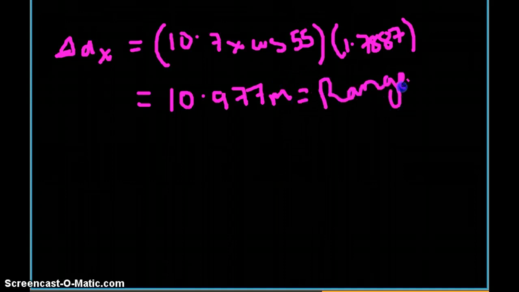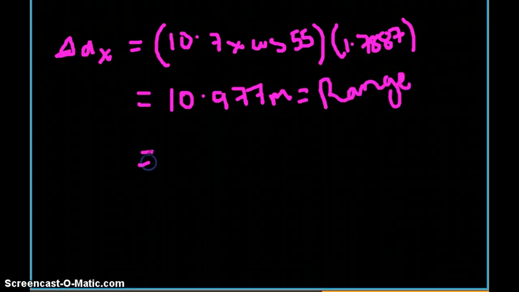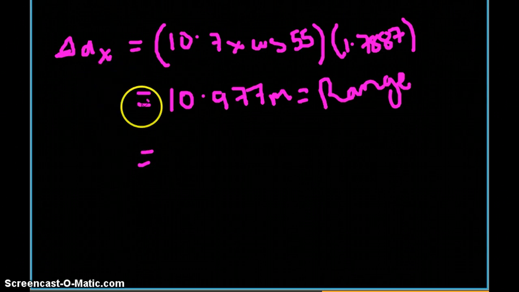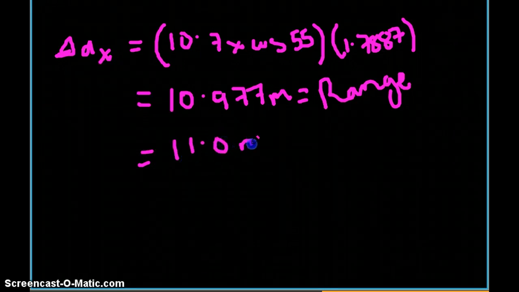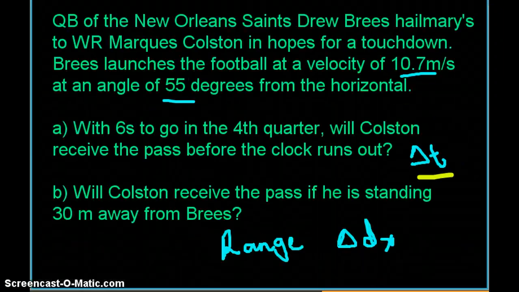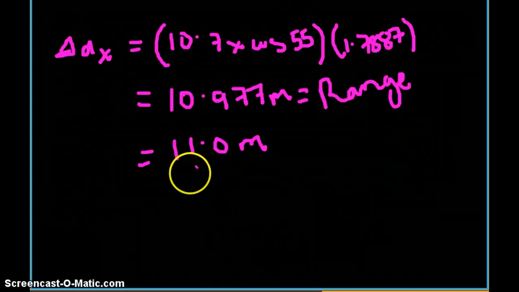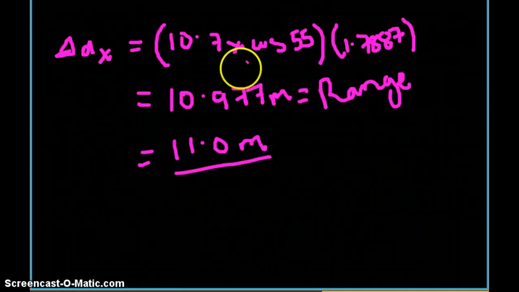When you round it to about 3 significant digits, I would put this as 11.0 meters. Now again, what was the question asking us? The question was asking, will Colston receive the pass if he's standing 30 meters away? Unfortunately, Colston will not receive the pass if he's standing 30 meters away because the range the football covers is only 11 meters.